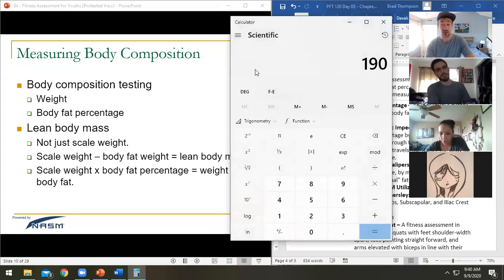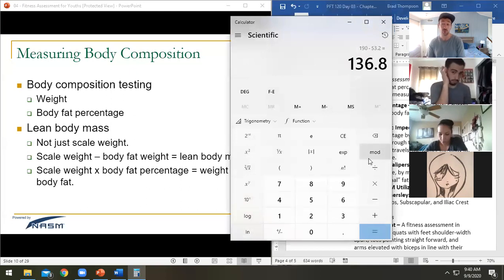So let's say your client has lost 10 pounds, and now they're down to 190. You test their body fat percentage and it's no longer 30%. Let's say it is 28%, 0.28. So now they've only got 53.2 pounds of fat. So 190 minus 53.2 means they've got 136.8 pounds of lean body mass.